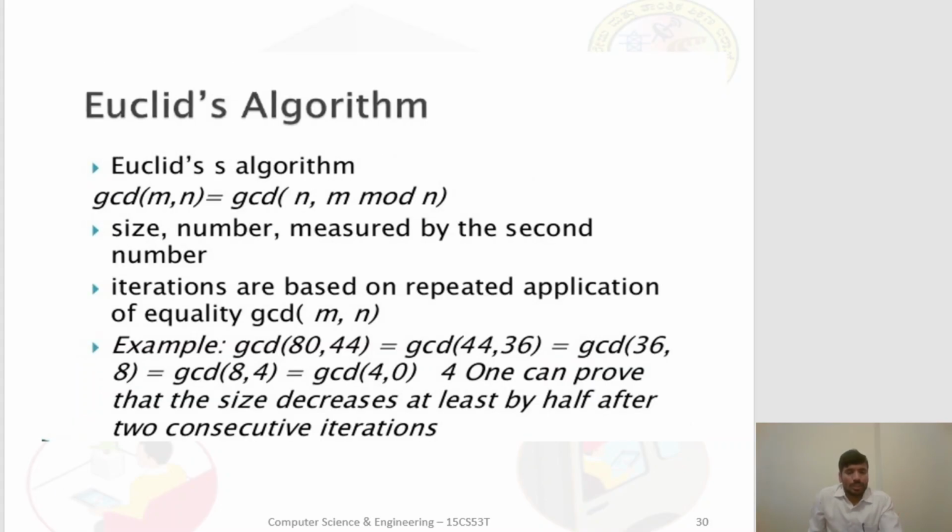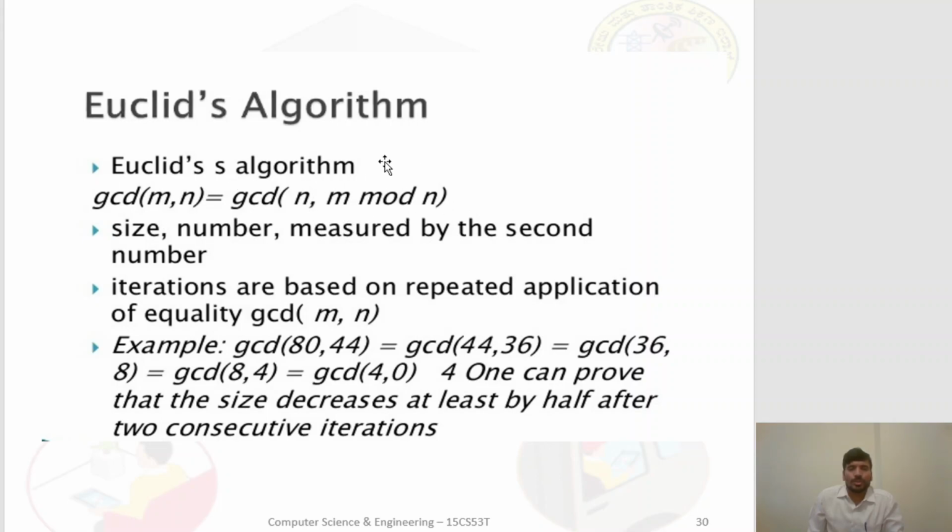And next one, coming to the Euclid's algorithm. So in last session also we have discussed about the Euclid's algorithm. What is the logic of this algorithm? So GCD of m and n is equal to GCD of n comma m mod n.